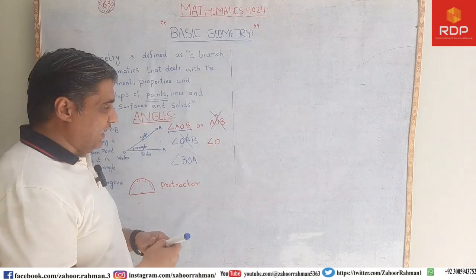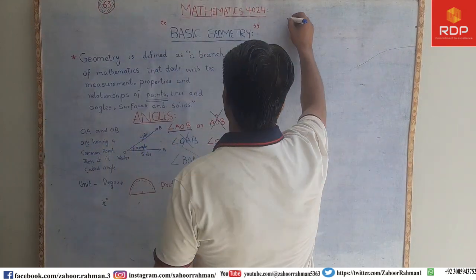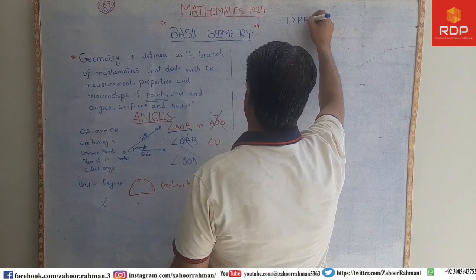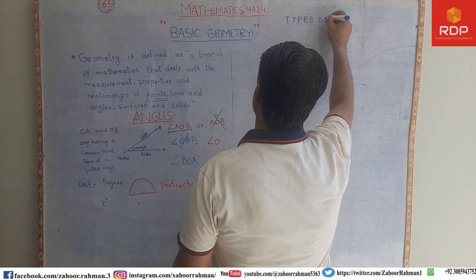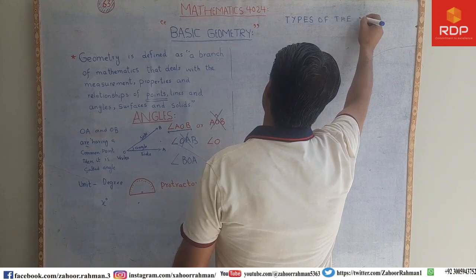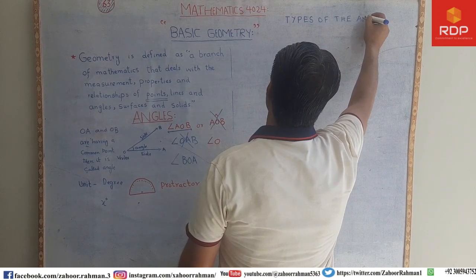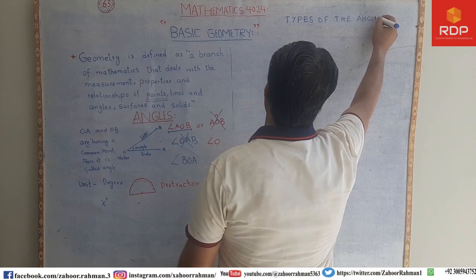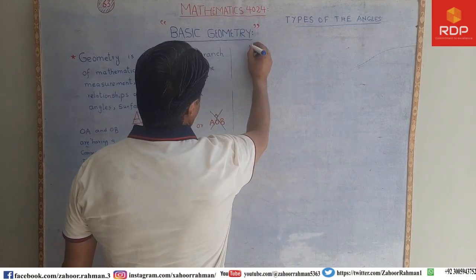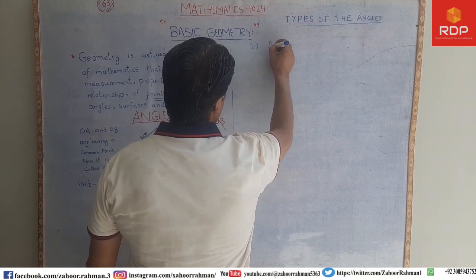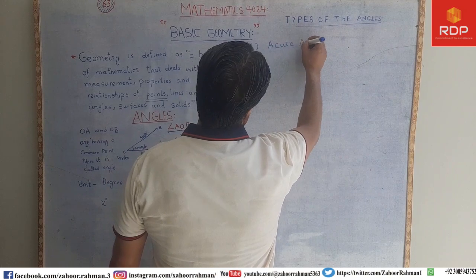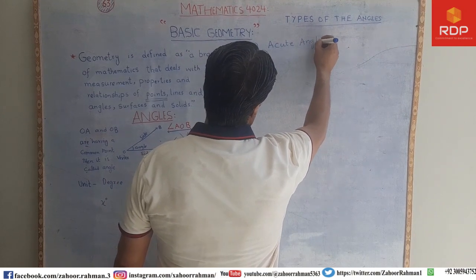Next, we are coming towards the types of the angles. There are 4 types of the angles. Number 1, they are called acute angle.